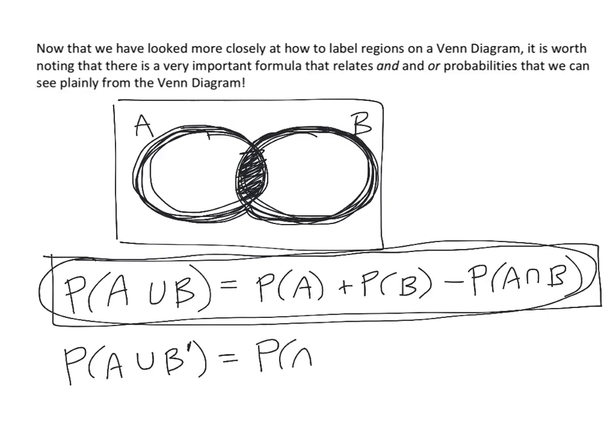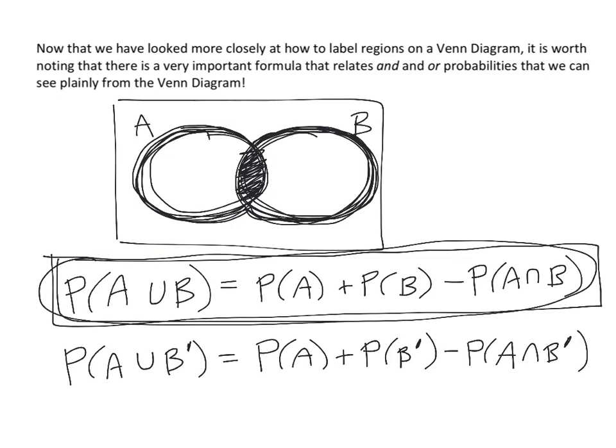It would just be the probability of A plus the probability of not B minus the probability of the intersection of A and the complement of B. So remember that it doesn't have to be used only with A and B. Whatever these two events are, you just put those events here and here and here and here.